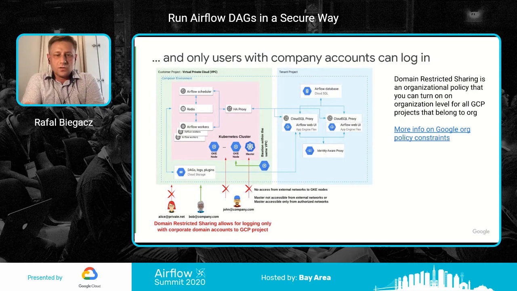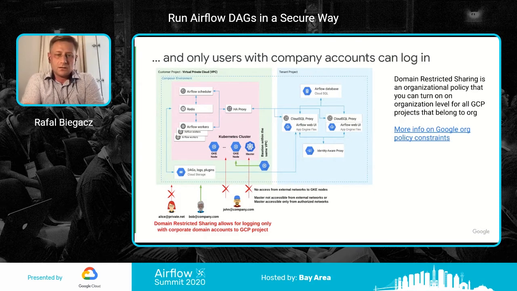What this policy does for you is allow only users with legitimate accounts belonging to your company domain to be able to log into your GCP project, and only those people will have access to GCP resources, whether it is the Airflow setup itself or some other services that are used by your DAGs, like the Dataproc service or BigQuery.